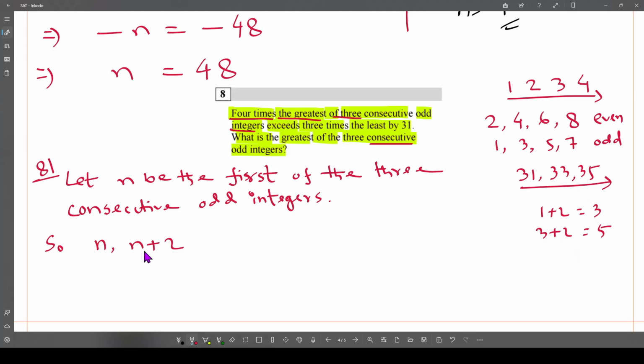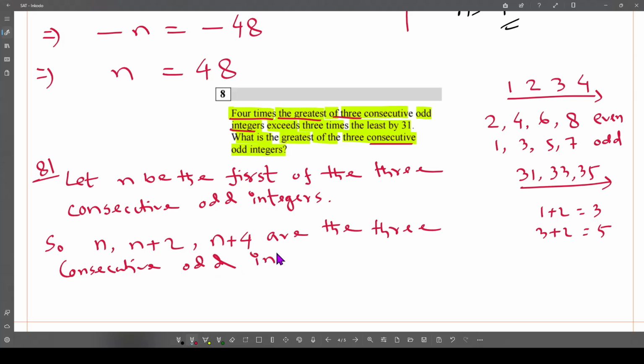So n, then n plus 2, and finally n plus 2 plus 2, it means n plus 4, are the 3 consecutive odd integers.